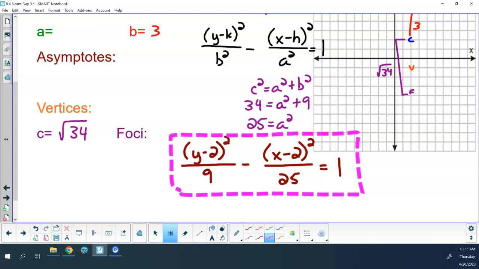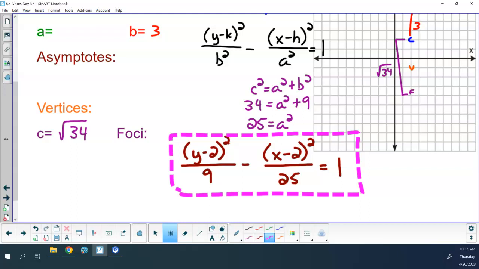Yeah. We're done with the conics, but now, so next week's topic is all of the conics mixed up, and you have to figure out what's what based off of their characteristics, which you already know, you just don't know it. Okay?